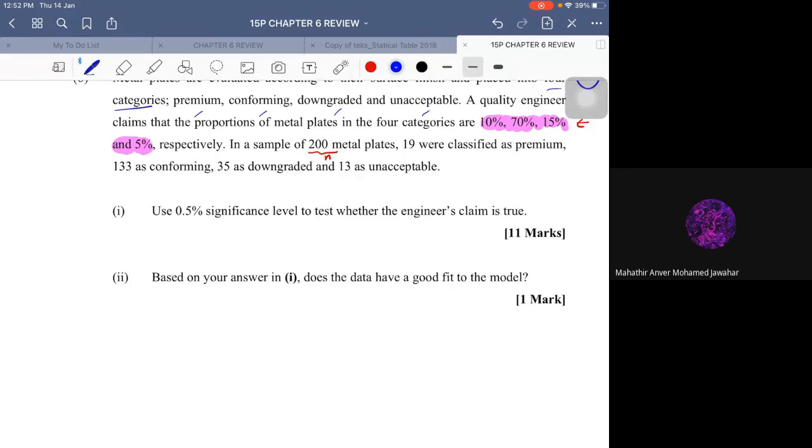Now, if you remember, this is going to be a goodness of fit test. H0, we always agree with the statement given.